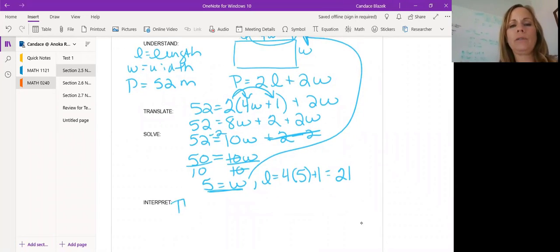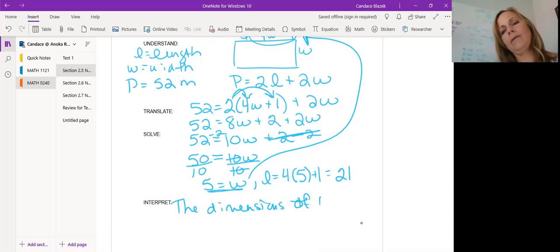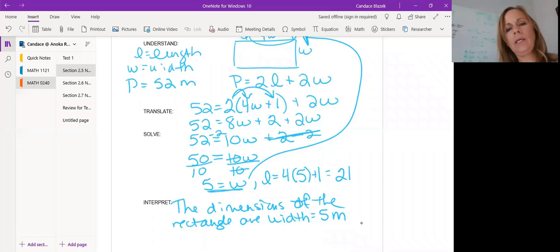So the dimensions of the rectangle are width equal to 5 meters and a length equal to 21 meters.